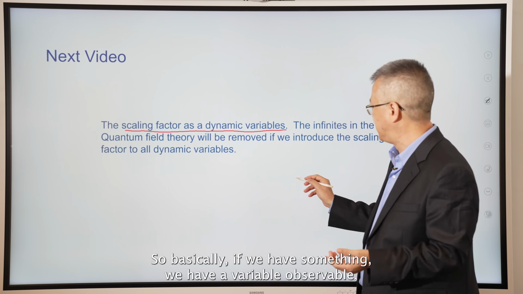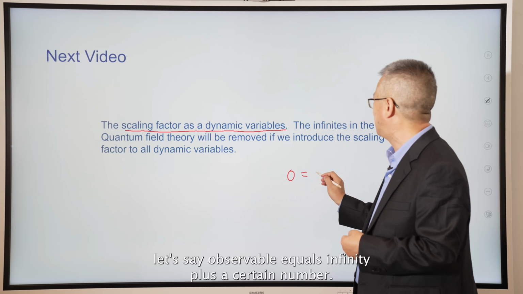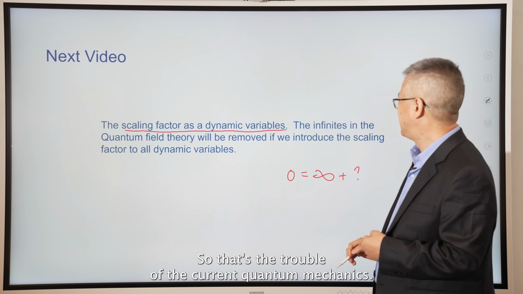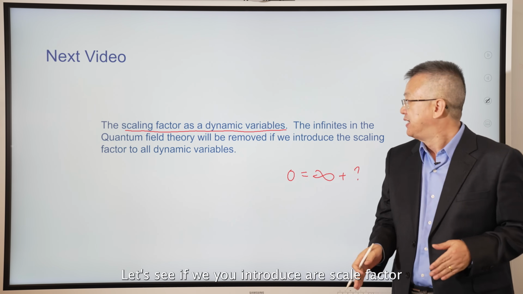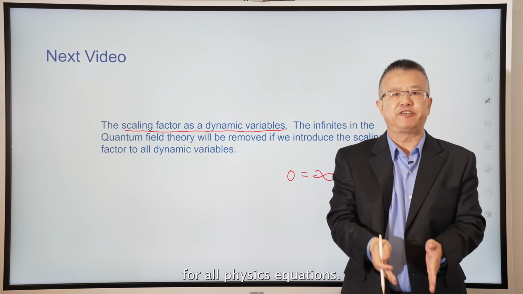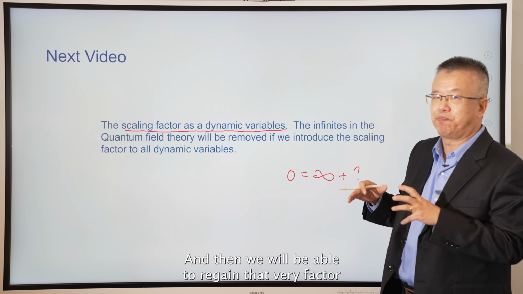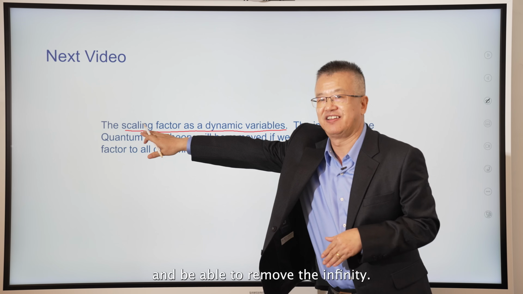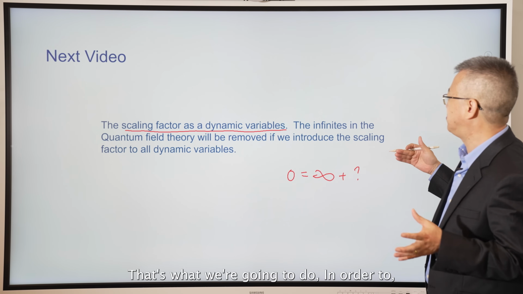Basically, if we have a variable, an observable, let's say observable equals infinity plus a certain number, okay? That's the trouble of current quantum mechanics. Let's see if we introduce a scale factor for all physics equations. Then we will be able to re-gauge that factor and remove the infinity. Okay? That's what we're going to do.